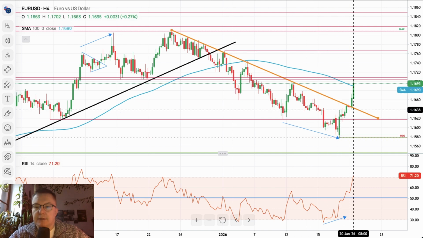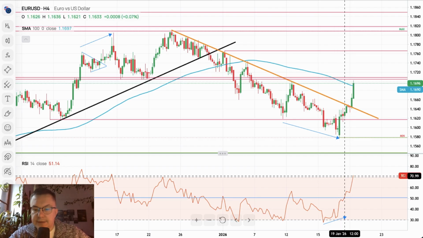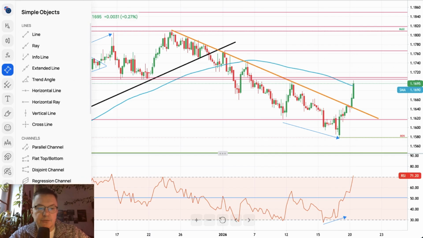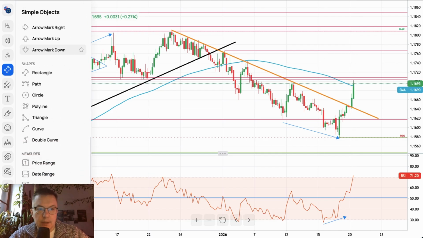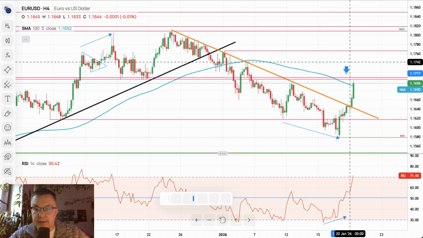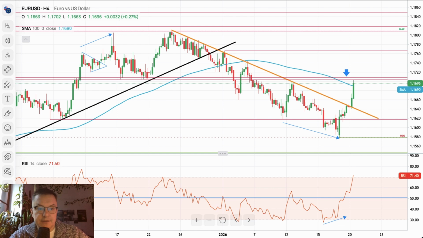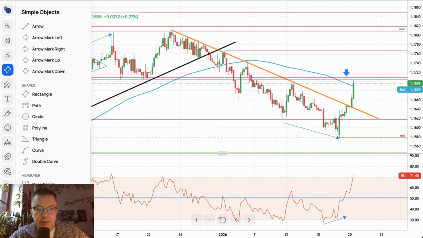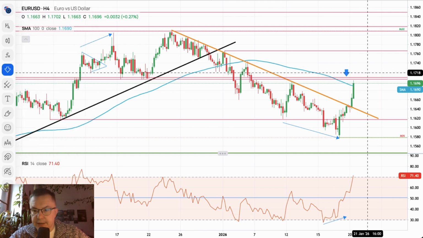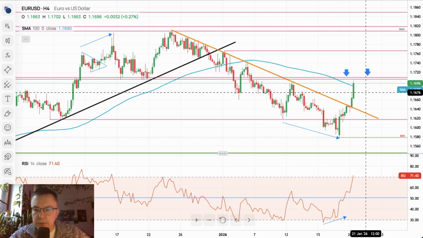We broke above the trend line, and now we tested the key technical resistance level at 1.1709, 1.1704, and this is the hit of the extremely overbought conditions on the other hand, which is why we are going to place the arrow on this level, indicating that this is key level for today and for the coming sessions, because any breakout here above this technical resistance is basically bullish, indicating strong bullish movement.